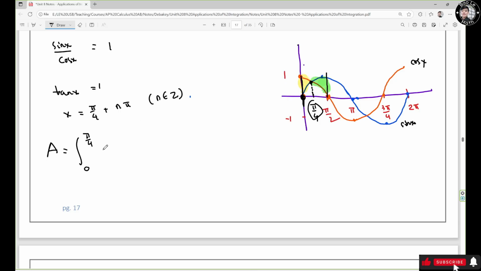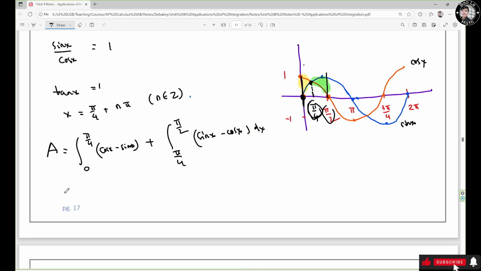So you have cosine s subtract sine s. Now plus the integral from pi over 4 to pi over 2. Look at the intersection right here. Now the upper one is the blue one, which is sine s subtract cosine s ds.